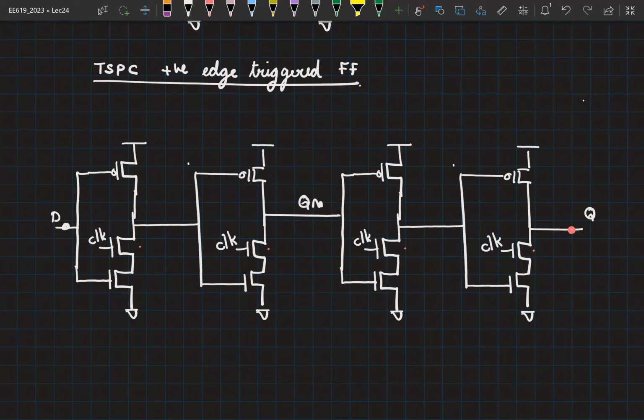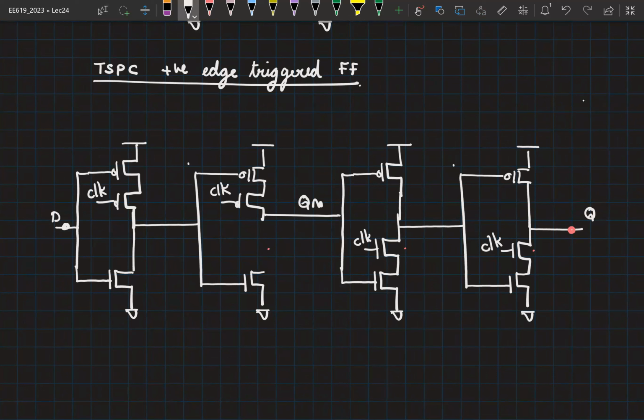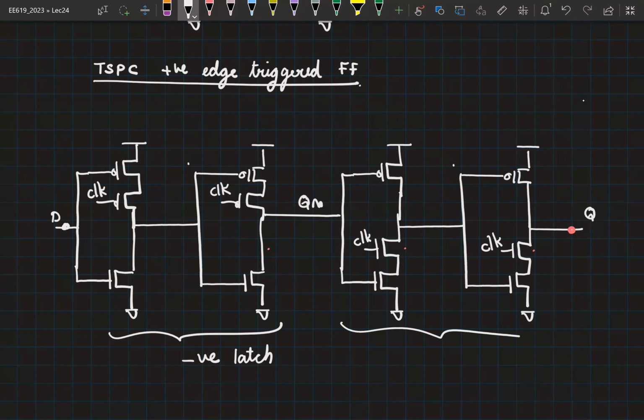This is Q. Okay. So this is your negative latch. And this is your positive latch. And together, this is now a TSPC flip-flop.